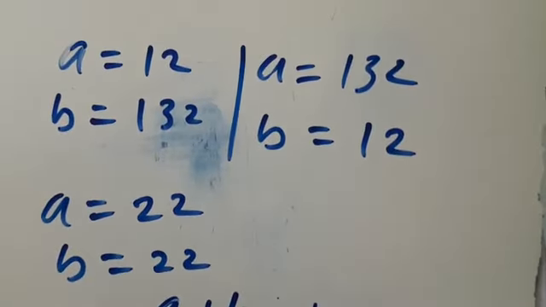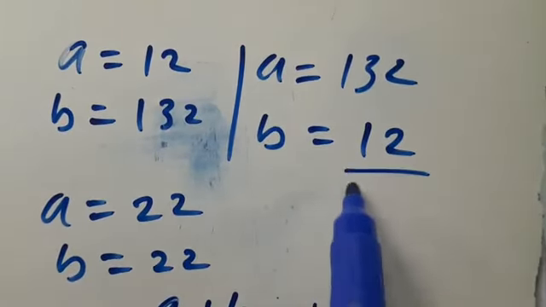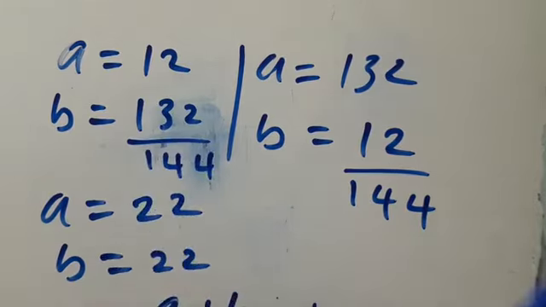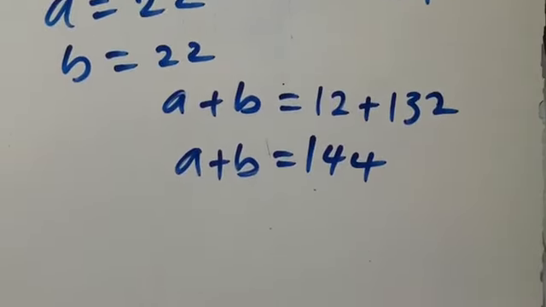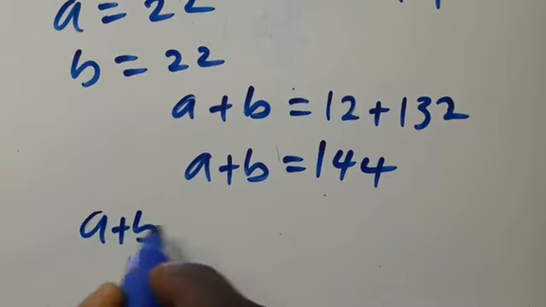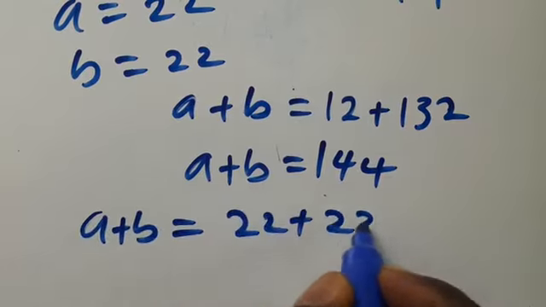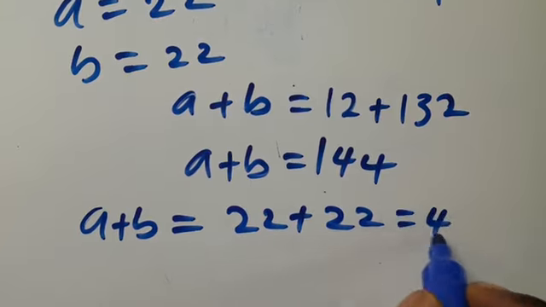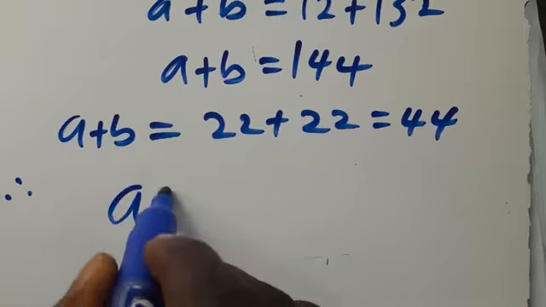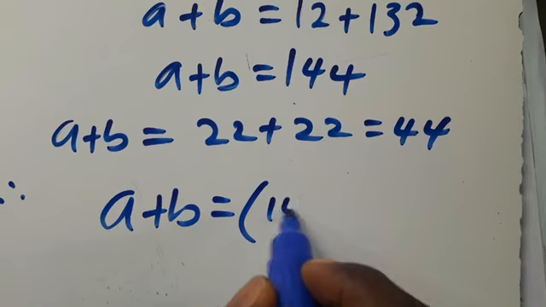Likewise, when you add the other one together again, it is also 144. So we consider either of the ones. For the other, a plus b equals 22 plus 22, which equals 44. So finally, a plus b equals 144 or 44.